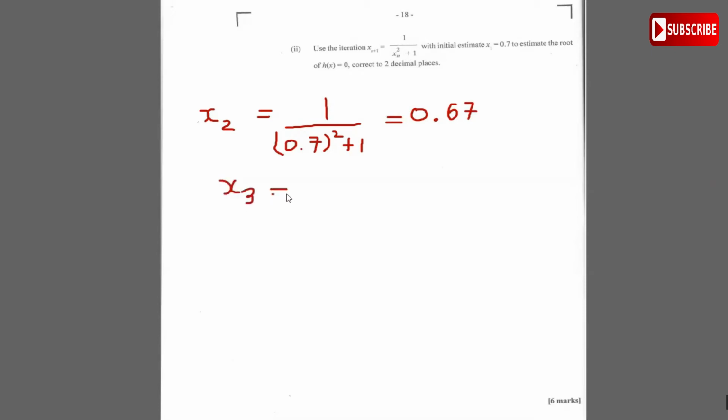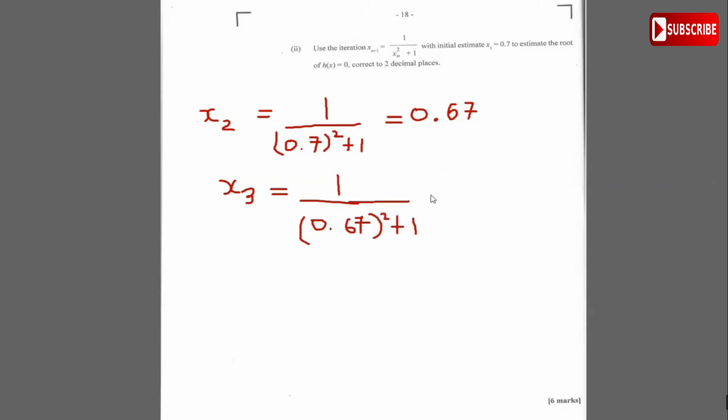What is x3? x3 is 1 over, putting in x2 now, 1 over 0.67 squared plus 1.